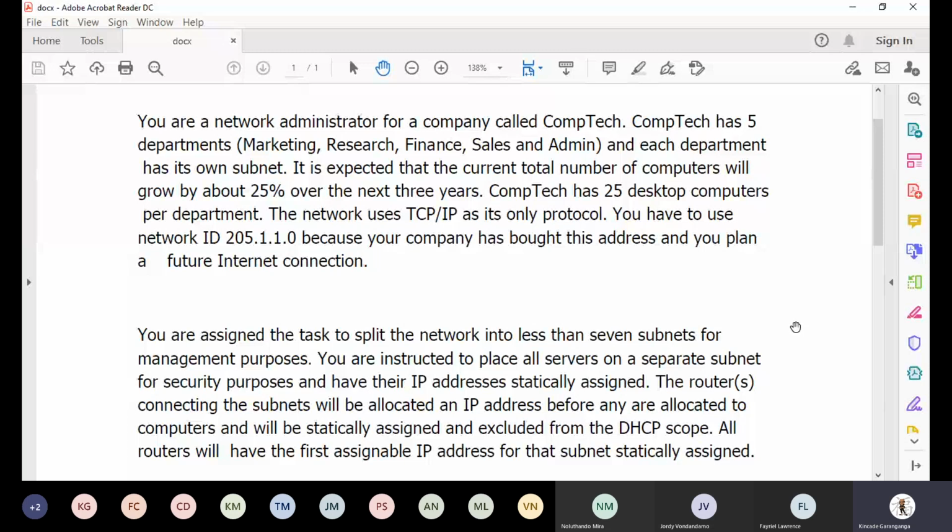And then currently, you've got 25 desktop machines per department. You've got the TCP/IP protocol that's being used there. Remember, your Transmission Control Protocol over your Internet Protocol, just defining the transport layer over the network layer.